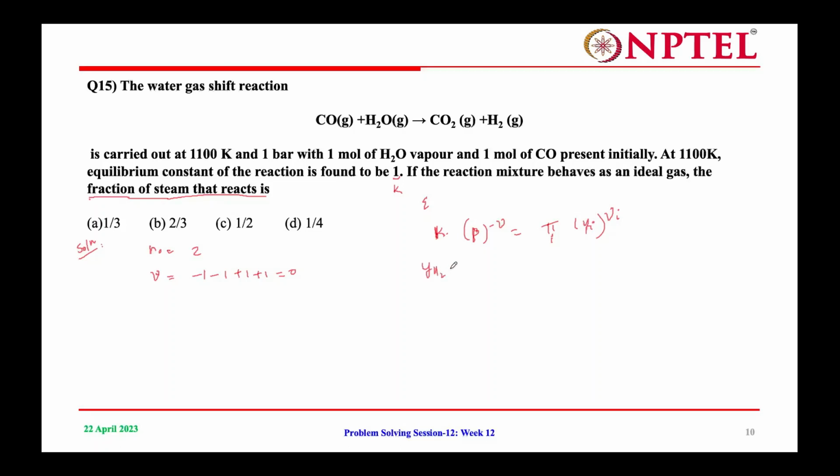So yH2O is equal to the initial 1 mole of water vapor, and the stoichiometric coefficient for water vapor in the reactor is negative, times the reaction coordinate ε, and the total stoichiometric coefficient is 0, so it's 2, so (1 minus ε) by 2, right. yCO, same.